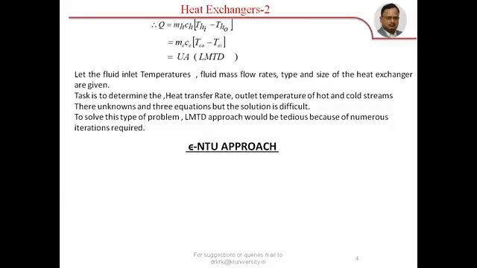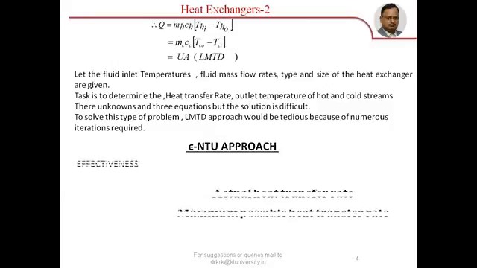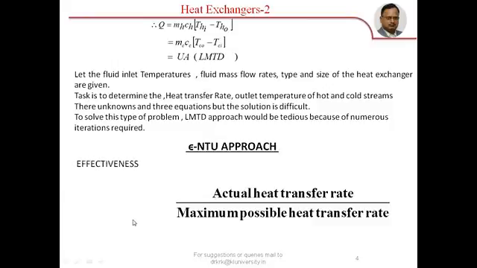Let us start with effectiveness. The effectiveness of a heat exchanger is defined as the ratio of actual heat transfer rate divided by maximum possible heat transfer rate that could happen in ideal condition. Actual heat transfer rate Q equal to MHCH THI minus THO or MCCC TCO minus TCI.